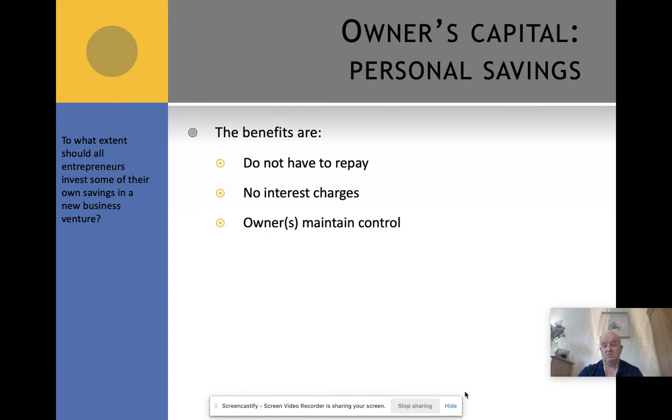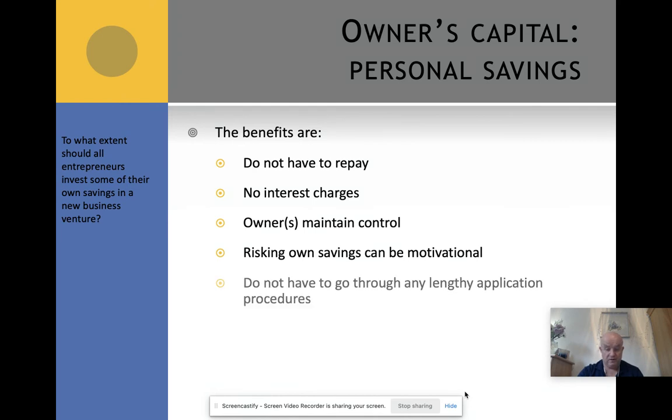It means that you, as an owner, can maintain greater control of the business to a much greater extent. There is an argument to say that if you've put your own money into the business, that's going to be more motivation. It's going to make you work hard to make sure that the risks you've taken are worth it, and that creates its own set of motivations.